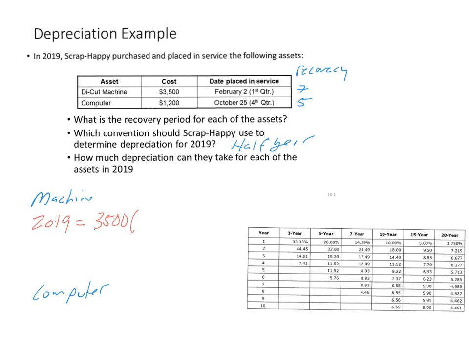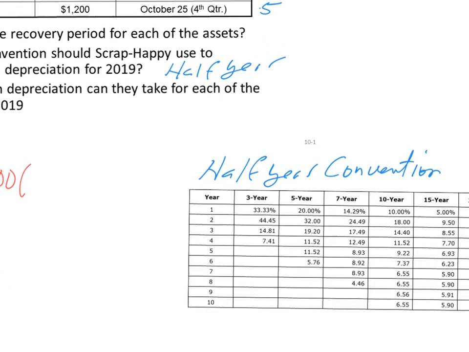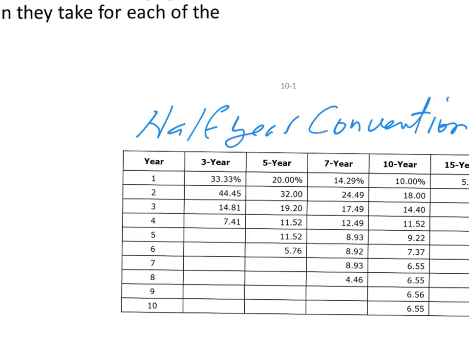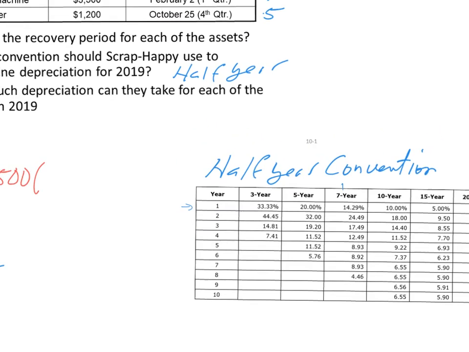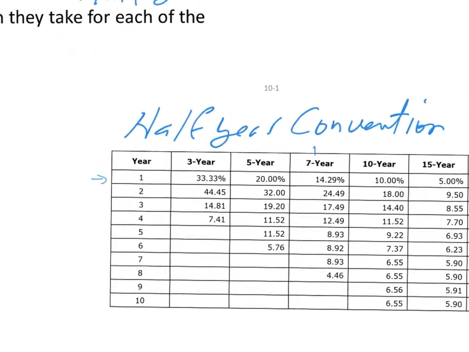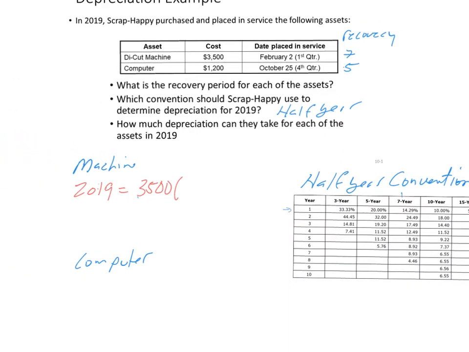I've inserted a portion of our half-year convention table down here. We have to enter this table at our recovery period. We're talking about the machine, and the machine is a 7-year recovery period. And 2019 is year 1. So we're looking at 14.29%.